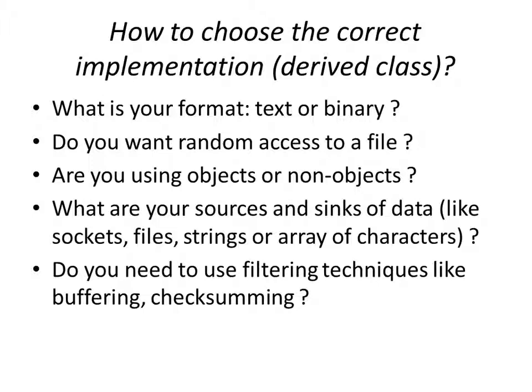Okay. And then do you need to use filtering techniques like buffering? Buffering lets you buffer reads and writes, so it makes it more efficient. Instead of trying to read every bit or every character, you read a bunch of characters or a bunch of bytes. And that's what buffering provides you.